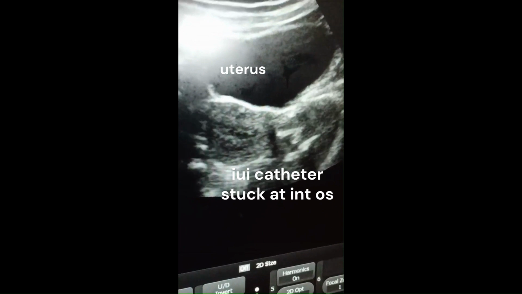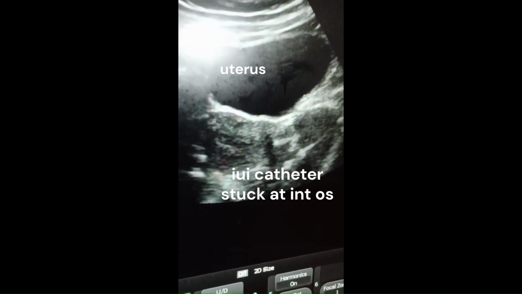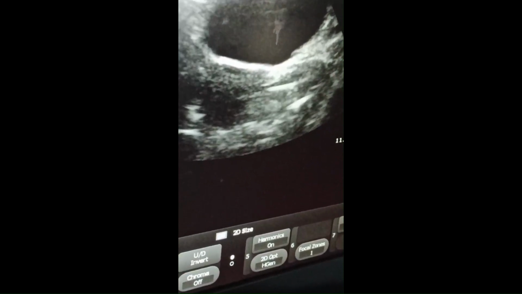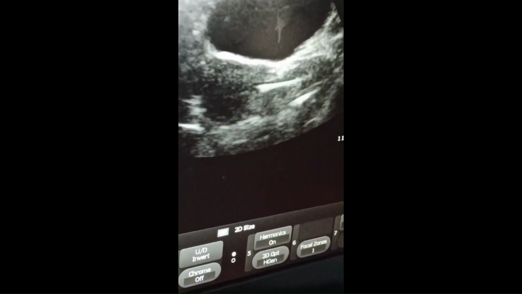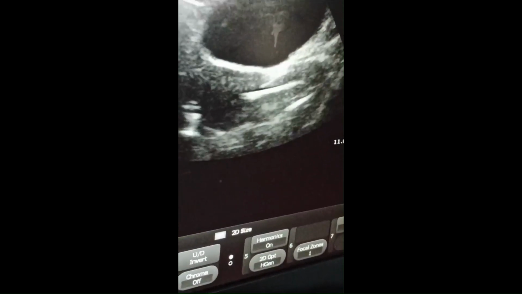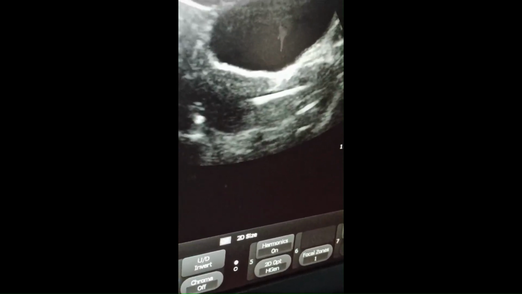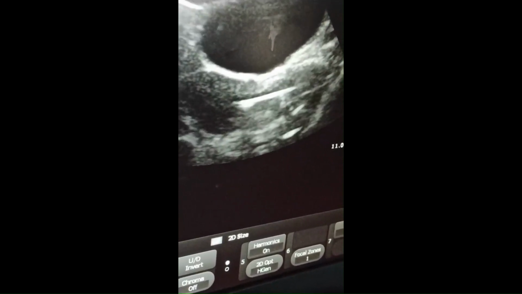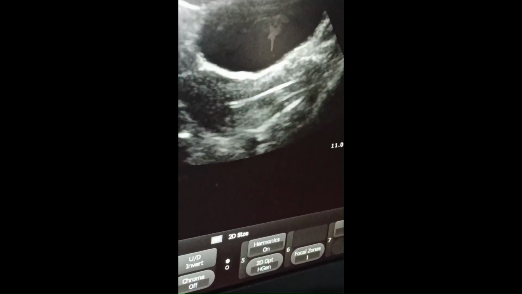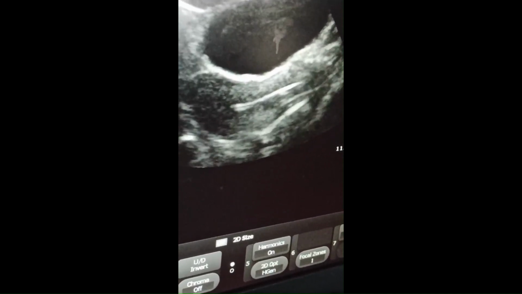If this process of passing the sound is not successful, then that means the cervical canal is tortuous at about the level of internal os. So, a tortuous cervical canal can be dealt with easily by using an embryo transfer catheter. We have used a Sure Pro Valus embryo transfer catheter in this case.